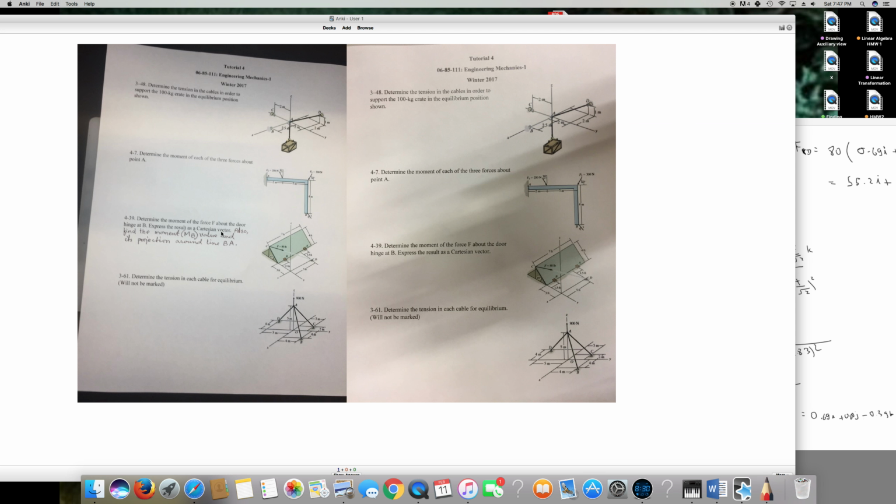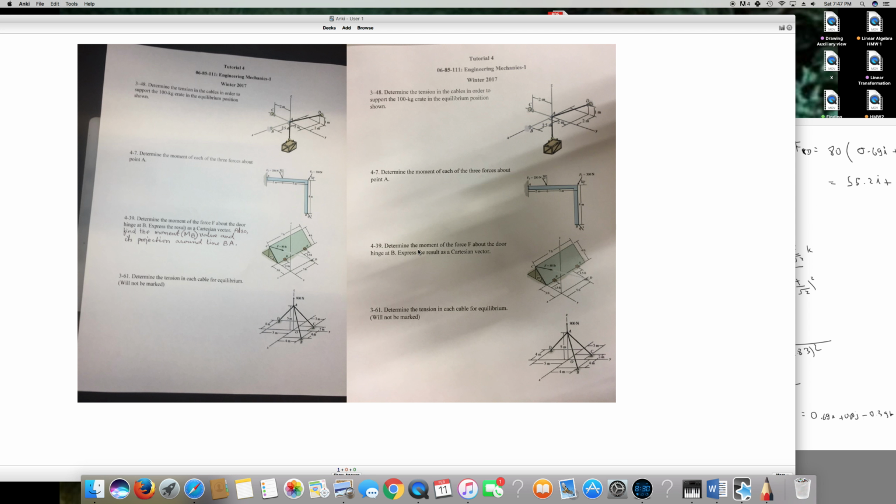But we are not done yet. They are asking to express the result as a Cartesian vector. Also find the moment MB value and projection around the line BA. So now we have to find the moment MB.